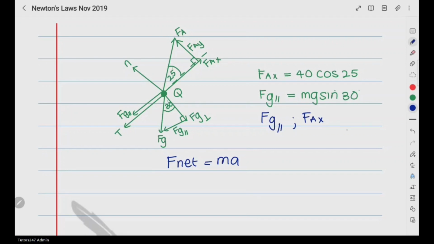Yes. And then there's one more. Everything that's moving in the horizontal direction, which will be everything that's along this line. What about tension?